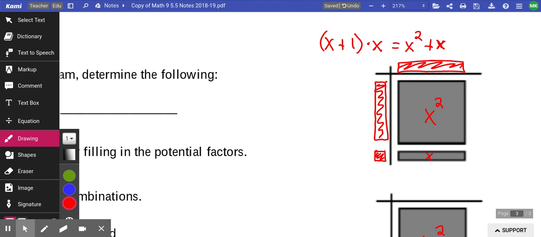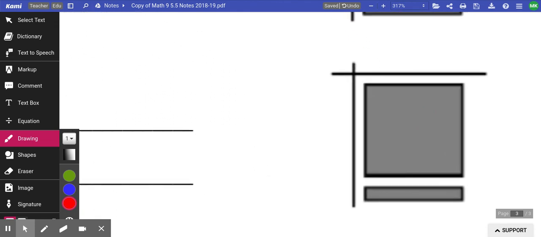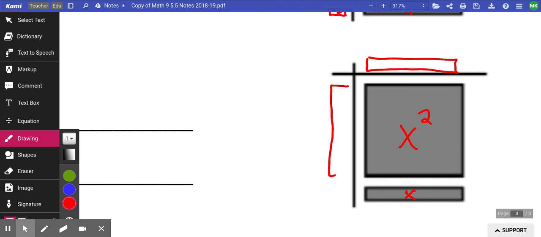That makes sense. But there is a second answer, and the second answer just comes from understanding negatives. So if I look at x squared, it's positive x squared. I can get a positive by doing a positive times a positive, but I could also get a positive by doing a negative times a negative.